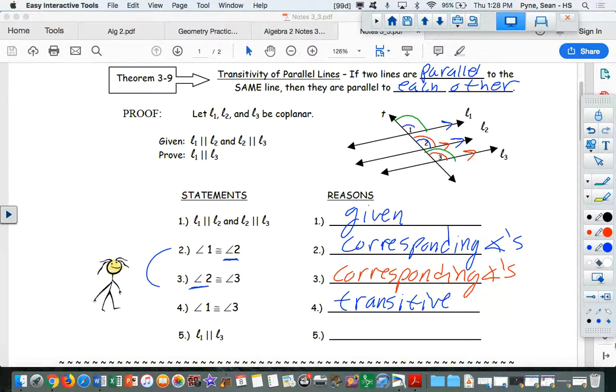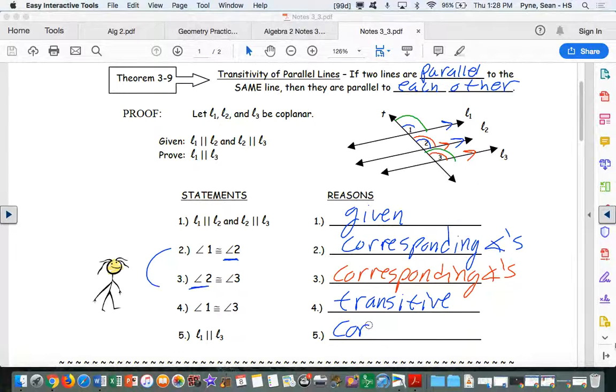Again, guys, let's pay attention. Corresponding. We know that the two angles are equal to each other. So how do I say that my lines are parallel? Because they're corresponding angles, and it's the converse. So corresponding angle converse.